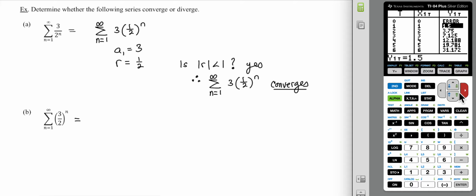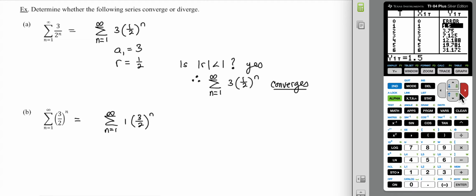So what would the a sub 1 value have to be? Well, it's kind of already in that appropriate form, because if that a sub 1 value is a 1, then plugging in a 1 for n will get us a 3/2.